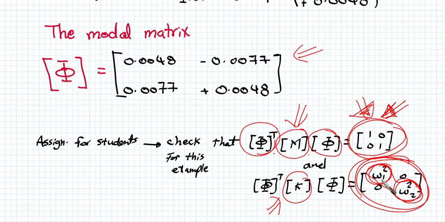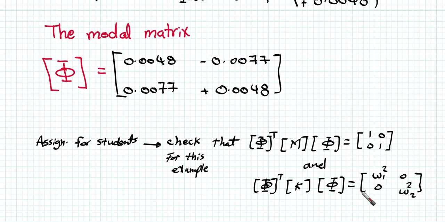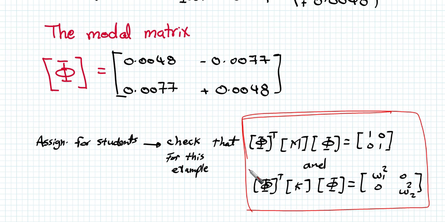So please check. This is only a kind of verification for you that you have understood the mathematical manipulation of the data and you are able to understand the meaning of the orthogonality condition and normalization.